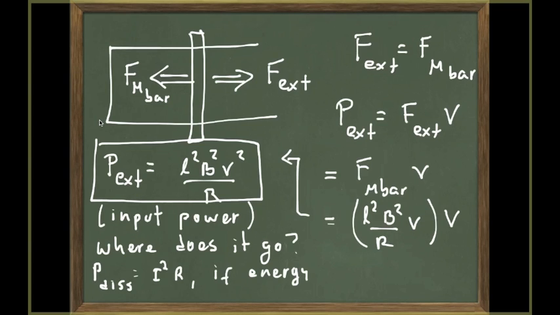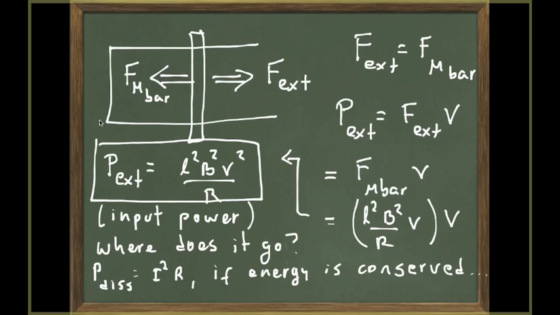Remember, this bar is part of a circuit, and we figured that there will be a current flowing in that circuit. And because there is a resistance in the circuit, whether it's on the bar or on the cable, wherever it is, there will be dissipation of power. And the amount of power dissipated will be equal to the current squared multiplied by R.